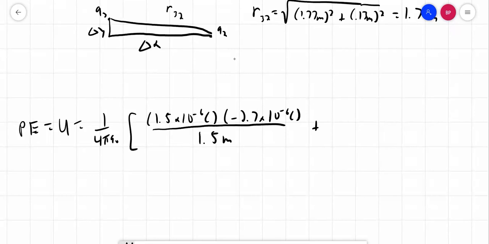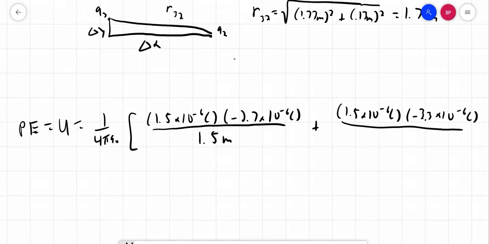If we add to this the term between 1 and 3, so Q1 again was 1.5 times 10 to the minus 6 coulombs. Q3 was negative 3.3 times 10 to the minus 6 coulombs. And we divide by the distance between 1 and 3, which we found was 0.30 meters.